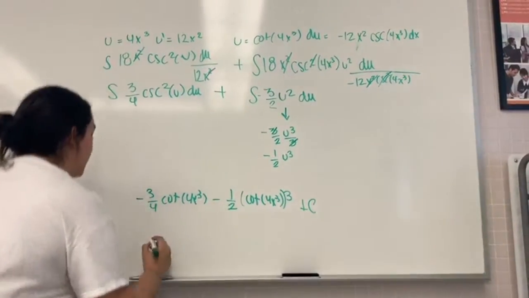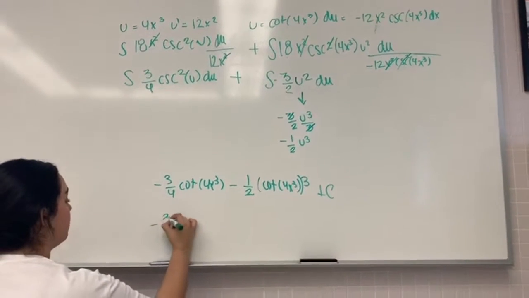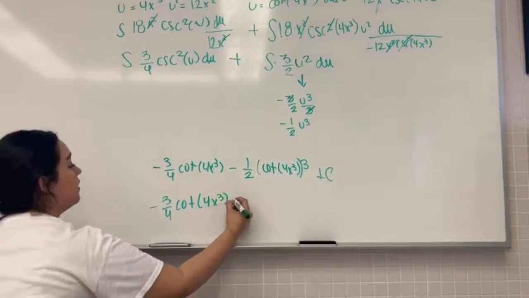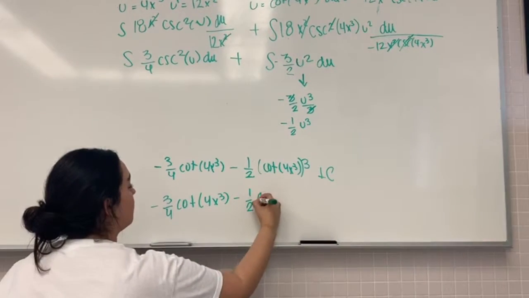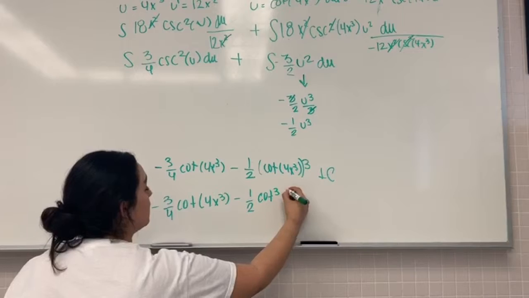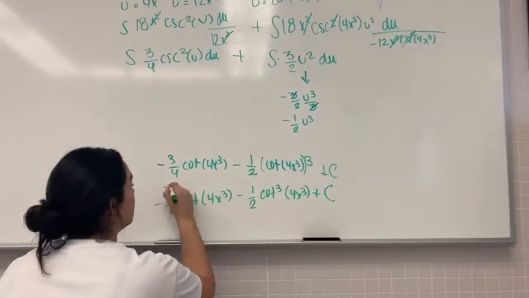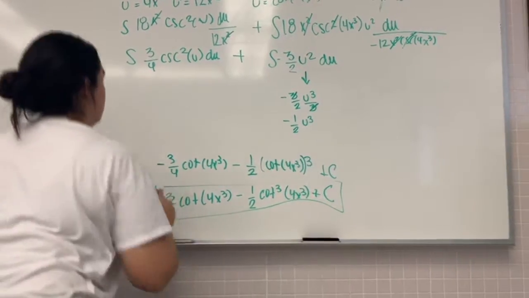Also, you could rewrite this as negative 3/2 cotangent of 4x cubed minus 1/2 cotangent cubed of 4x cubed plus c. And this is your final answer.